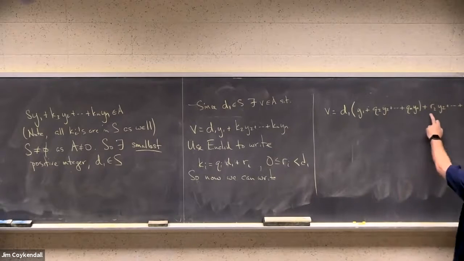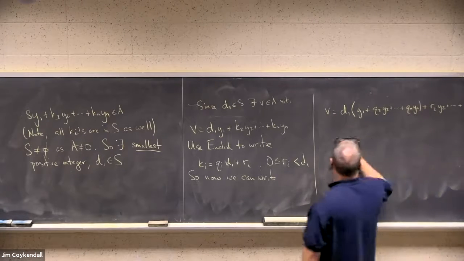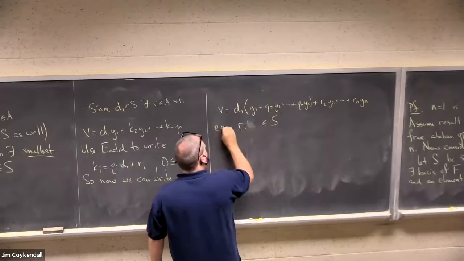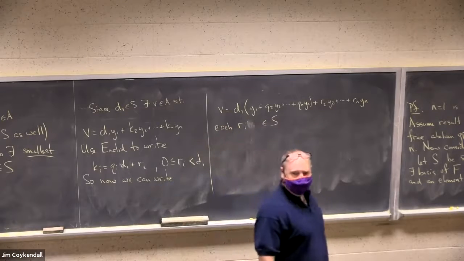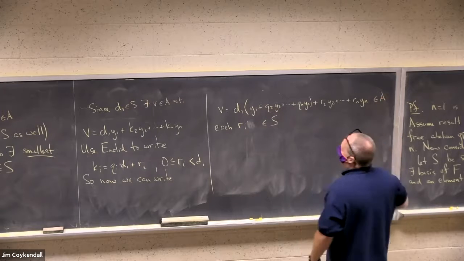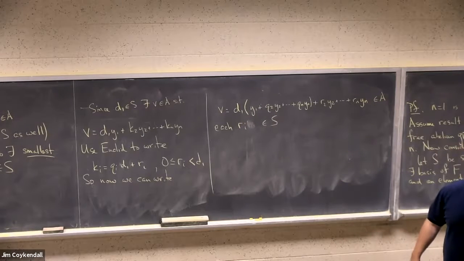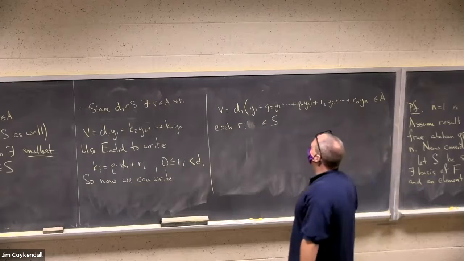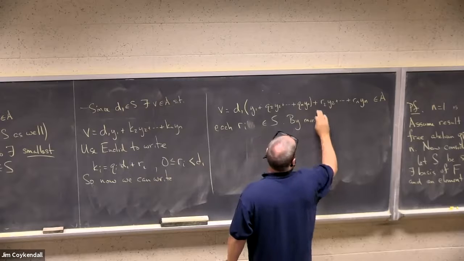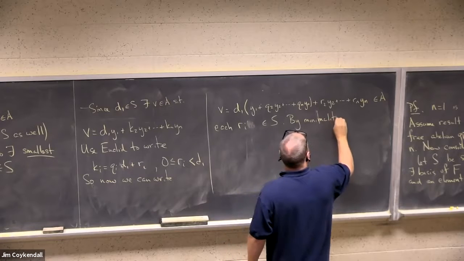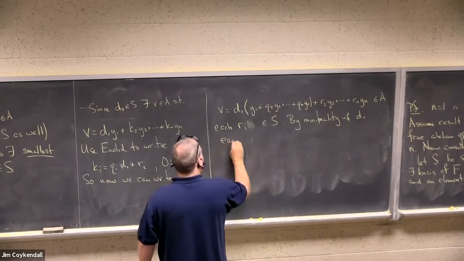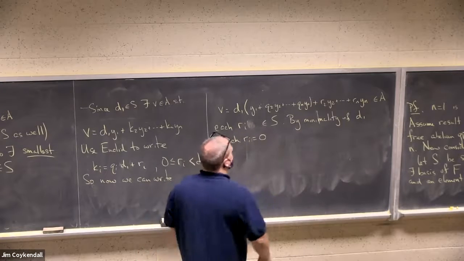Now, notice that these ri are in S, each ri, right? Because here we have a linear combination of things being in A. So by definition, all these ri are in S. By minimality of d1, each ri is 0.